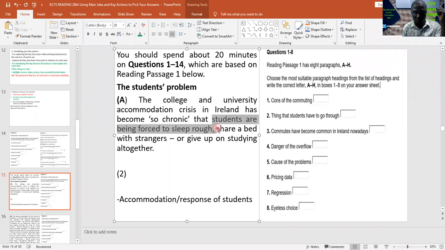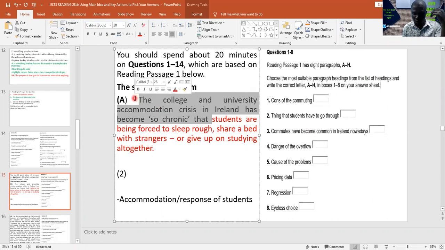We want to know everything: forced to sleep rough, share bed with stranger, or give up on studying. Those are 3 actions that convey student response. You need to be able to put a sentence together and see something that unifies everything, because that's the key action. This is the main idea, the accommodation problem, and then student response to it.